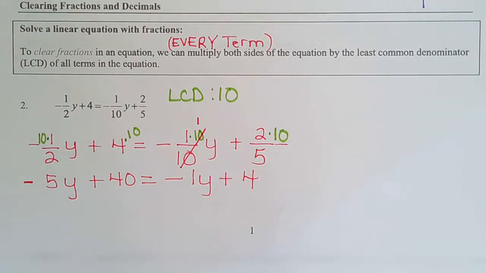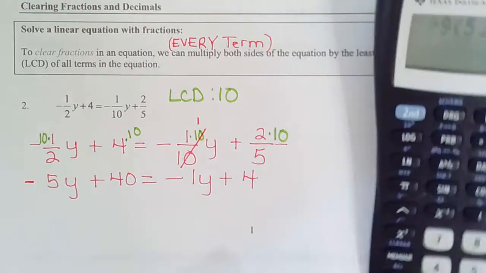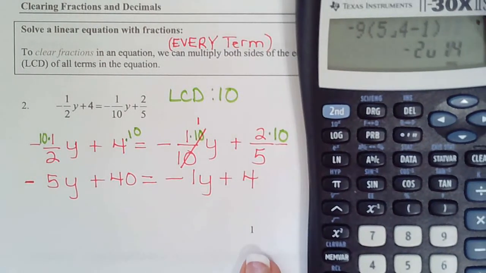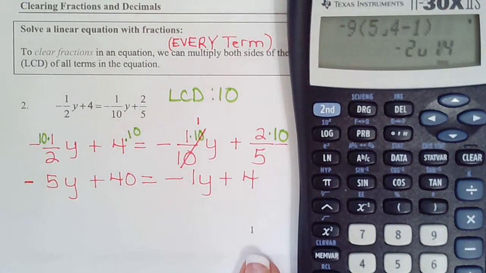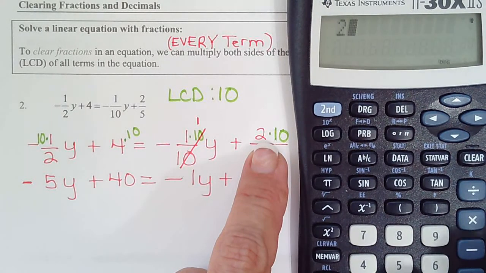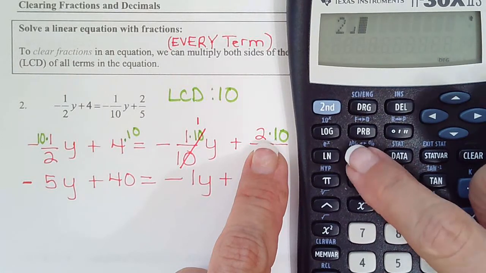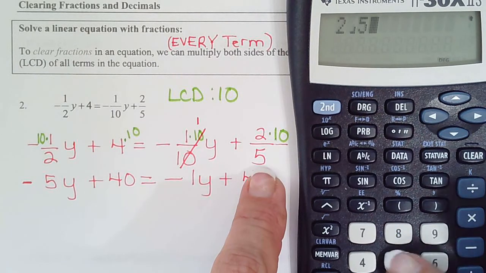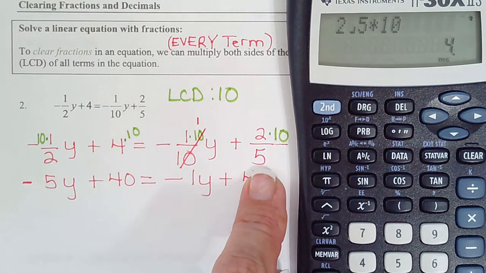And some people have told me in the past, I'm really terrible with fractions. Can you help me on the calculator with that? So it's easy to do on the calculator. All you have to do is 2 fraction bar 5 times 10. And it would give you the same answer.